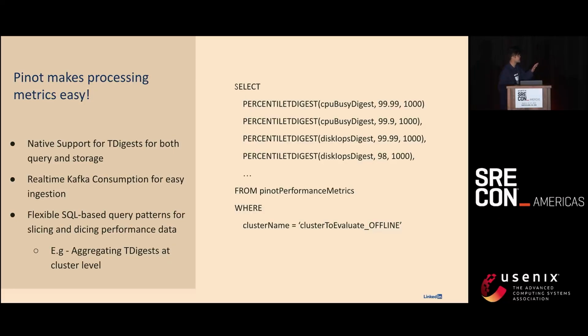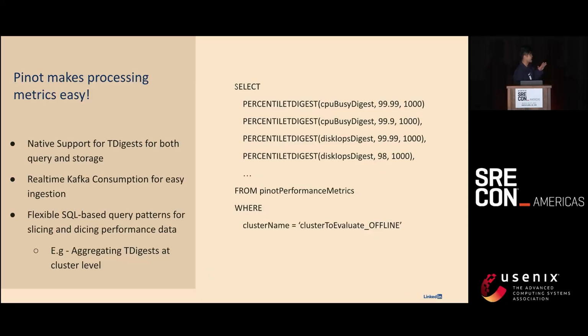Pinot has a percentile T-digest function, which takes a column of raw T-digest byte data and, given a time window and some filter, for example, if you want to look at the percentile of CPU utilization for the past X days or for a given cluster, you can write a Pinot query on the fly.